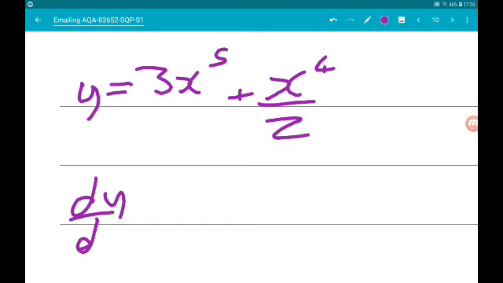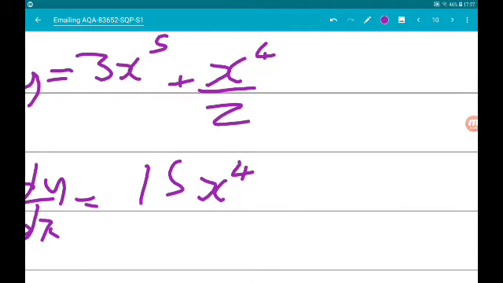So dy by dx. Okay, so the 5 comes down and multiplies to 3, which gives us 15x. Now the power goes down by 1, so the power is now 4. Okay, and then the second term, the 4 comes down, so we're going to get 4 over 2, which is 2x.